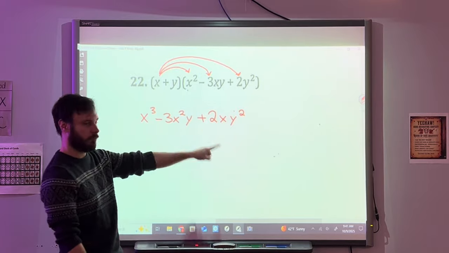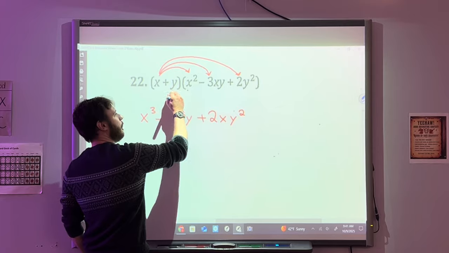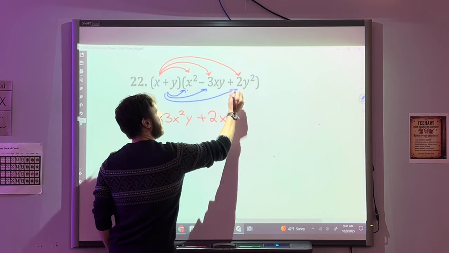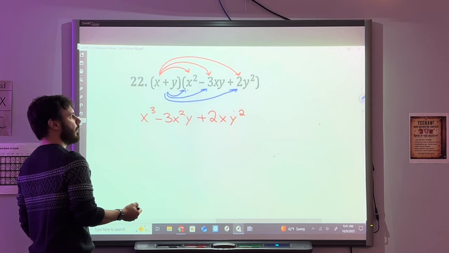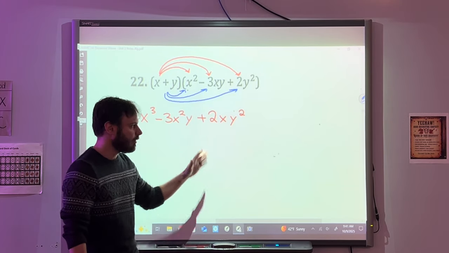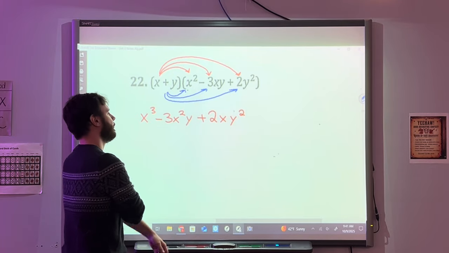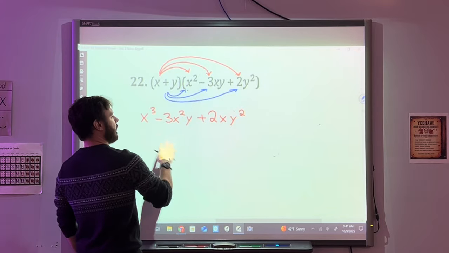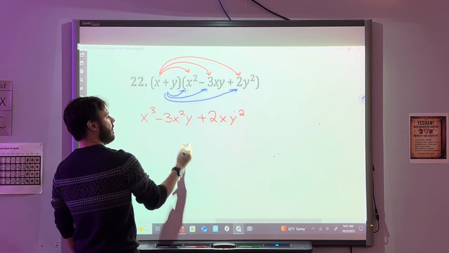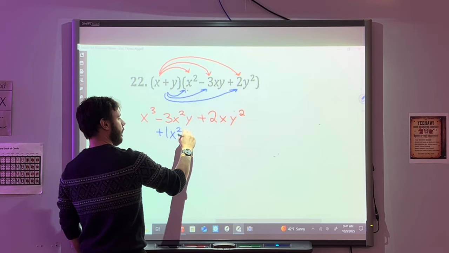Now let's give a y to everything too. All right, and this is where I think the column method really works. You can write it in one big string if that works for you, cool. But like, I like the column for this reason. I'm gonna give a y to x squared. Where do I have x squared? Is it here, here, or here? It's here. So I'm gonna do plus 1 x squared y.